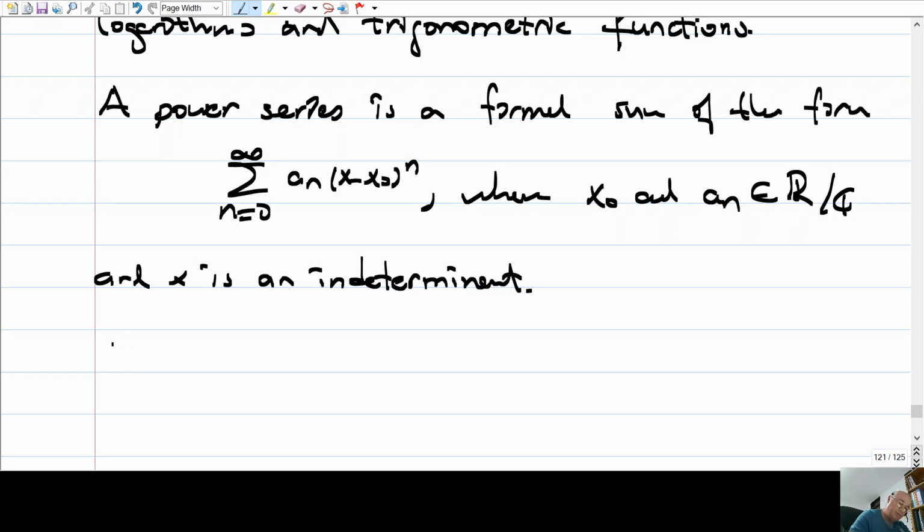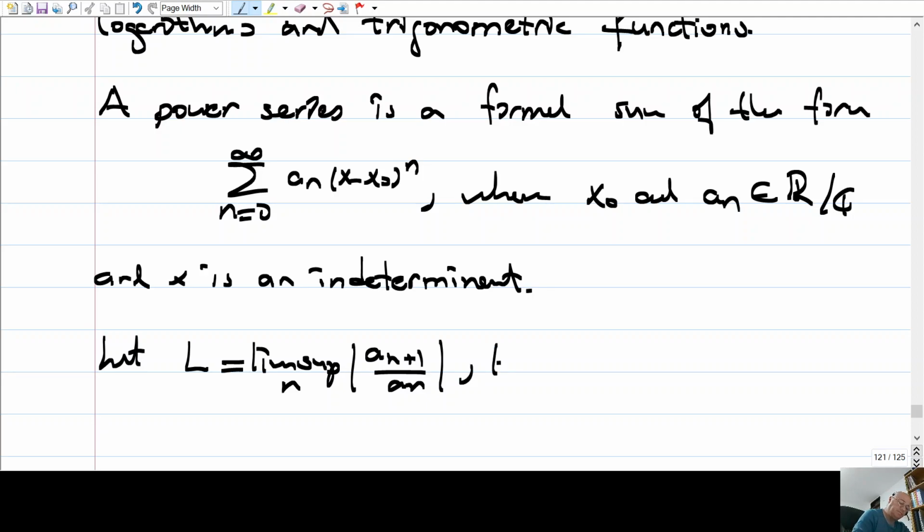I guess you remember from calculus or real analysis course that if you let L be the lim sup of |a_(n+1)/a_n|, then R is defined to be basically 1 over L. So what is this? This is 1 over L if L is a real number.